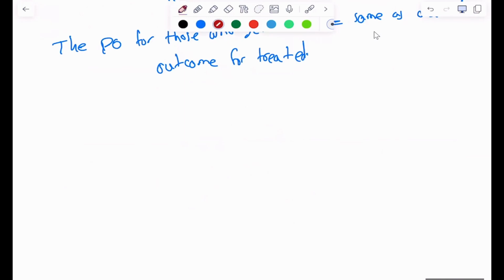And then we have another one called conditional exchangeability, sometimes called ignorability as well. Super important. Maybe the most important one.